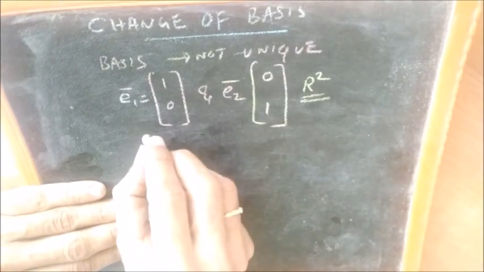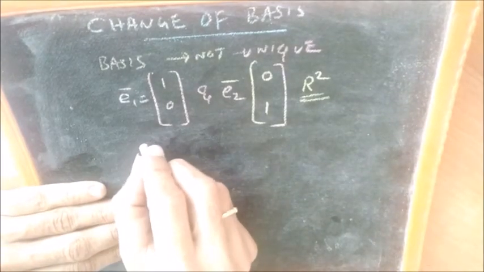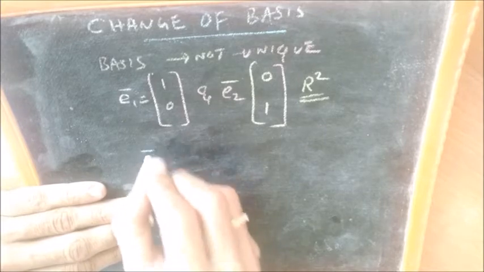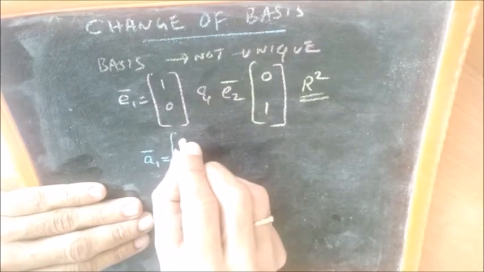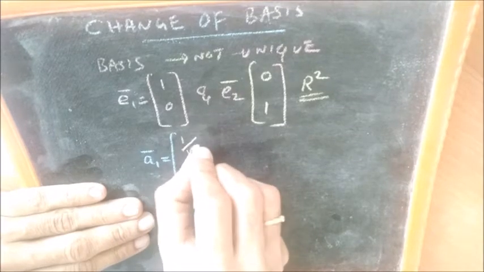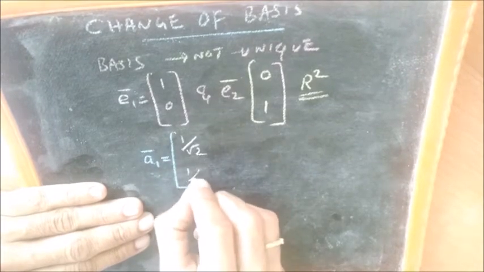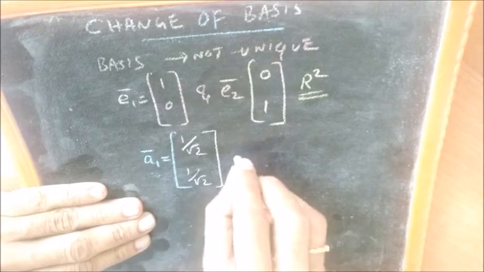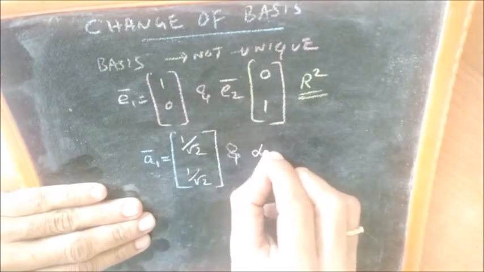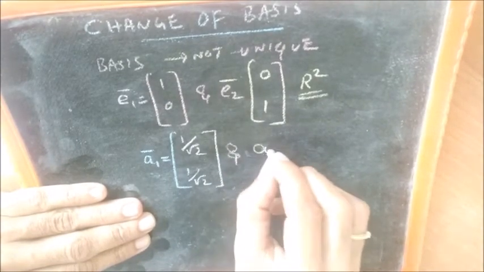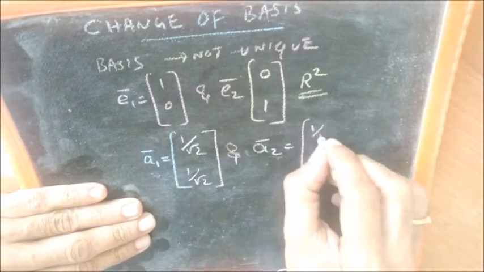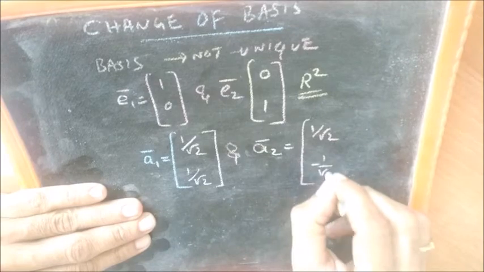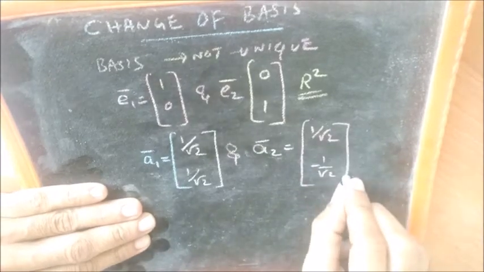Now also, vector A1, I'm just arbitrarily calling it A1, which is 1 by root 2, 1 by root 2, and vector A2, which is 1 by root 2, minus 1 by root 2.